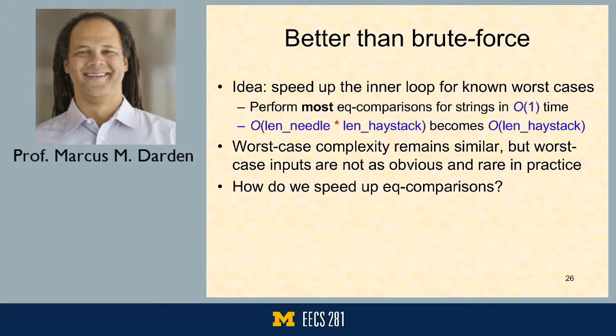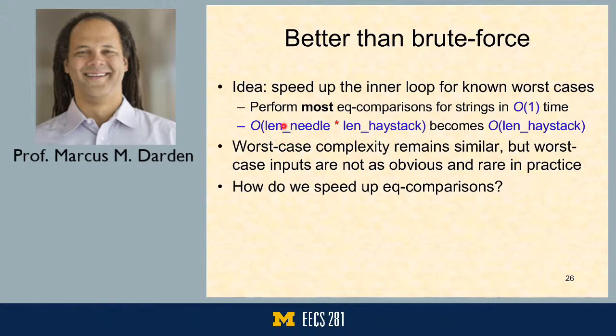And the idea here is we're going to speed up the inner loop the best we can. So most of the time we'll end up with most of our equal comparisons failing in constant time. If we can get that fail to happen in constant time, then we can make that len needle inner loop drop out.